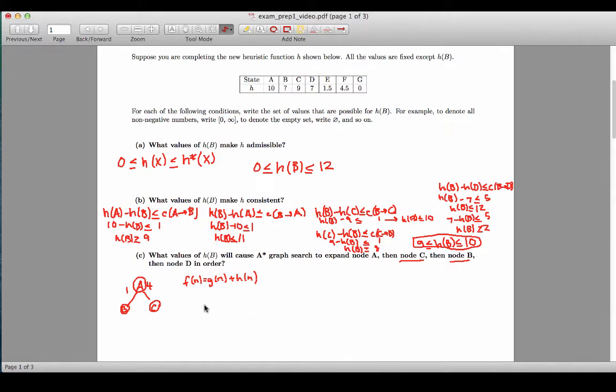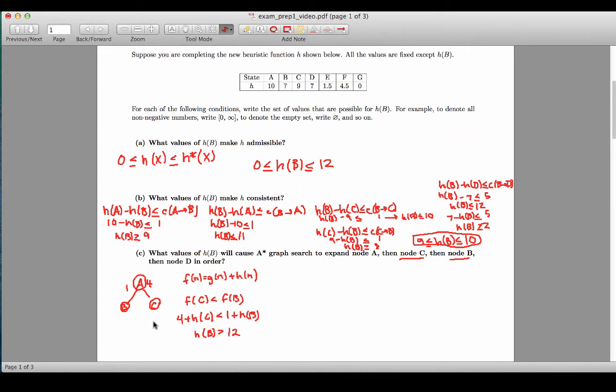So for node C to be expanded before node B, f of C must be less than f of B. Therefore g of C, which is 4, the cost from A to C, plus the heuristic of C must be less than f of B, which is 1, the cumulative cost to B, plus h of B. We know h of C is equal to 9, so h of B must be greater than 13 minus 1, which is 12.